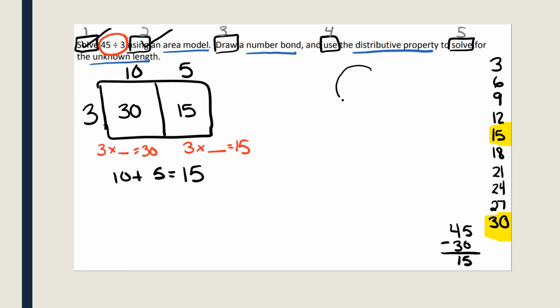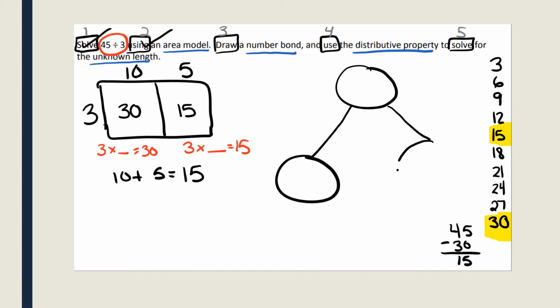I'm going to draw my circles, just like I saw in the previous problem, and fill in the numbers. I don't have any more math to do. I've already done all the hard work. Now I'm just filling in what I know.